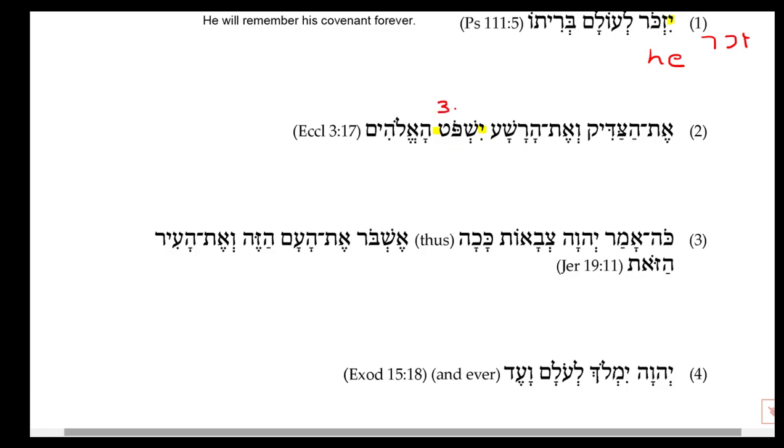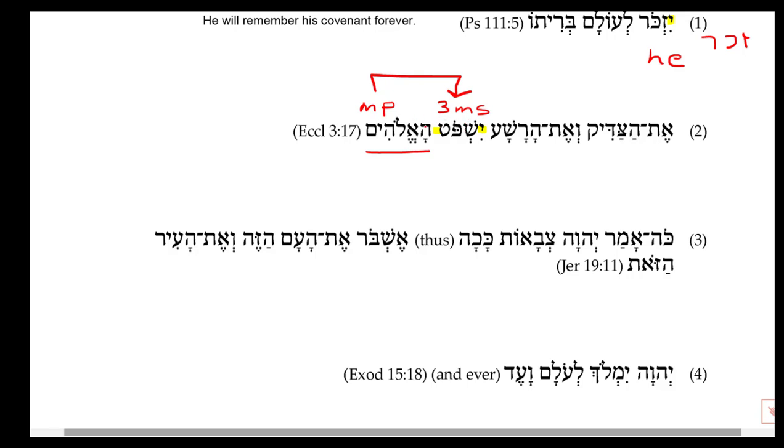I will write out third masculine singular because now we're going to be looking for a masculine singular subject. Here we have ha-Elohim. Now, technically Elohim is masculine plural, but when we're talking about capital G God, it almost always takes a singular verb.